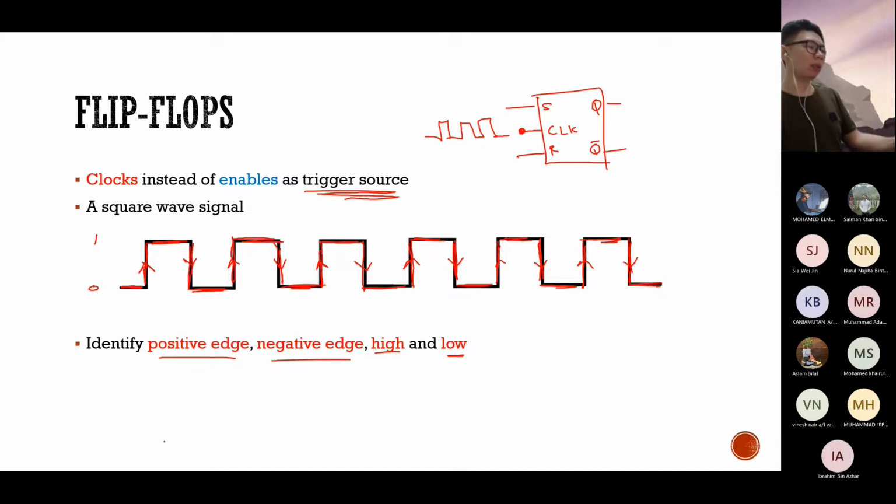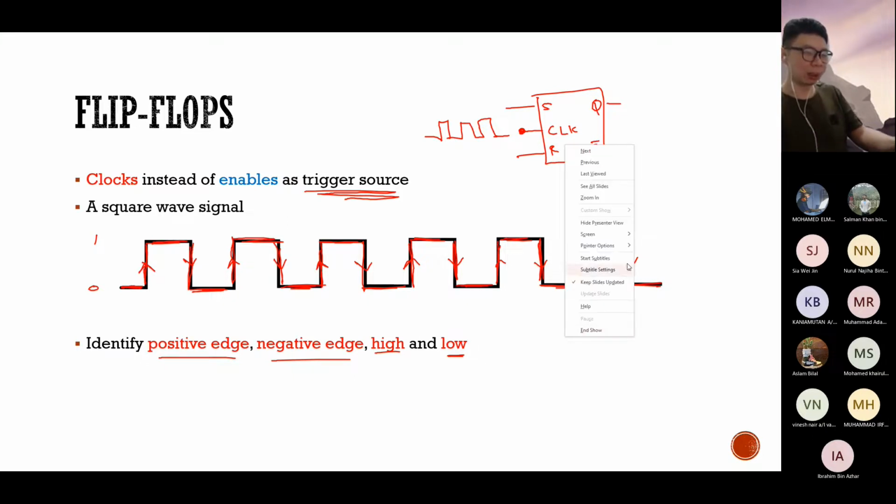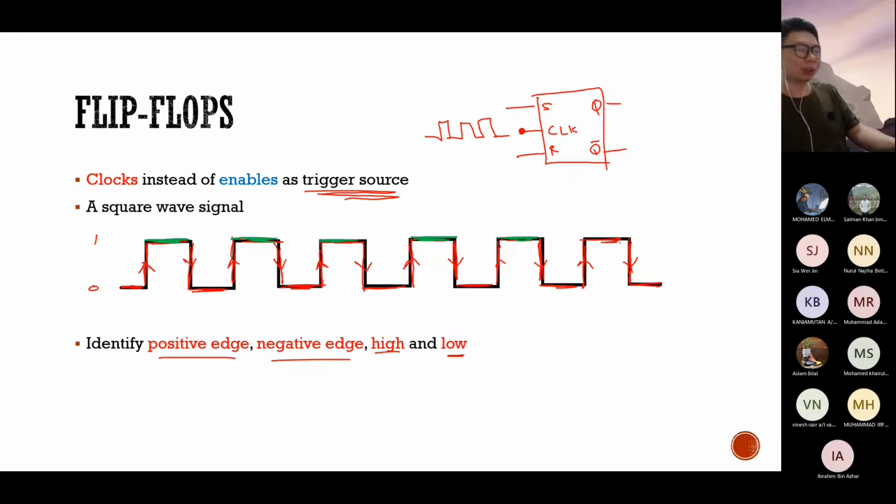So what is the difference between flip-flops and latches? Here is a clearer difference shown on this signal. Latches function when your enable has a level of 1, like here, assuming this is an active high enable latch. They function on the green region over here, and if it's level 0, it does not function.